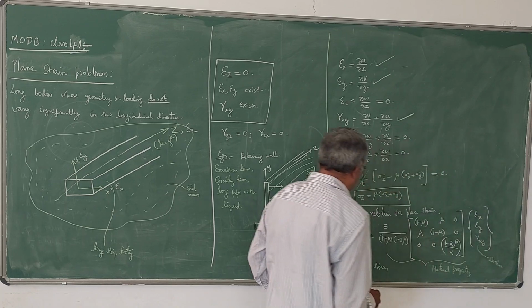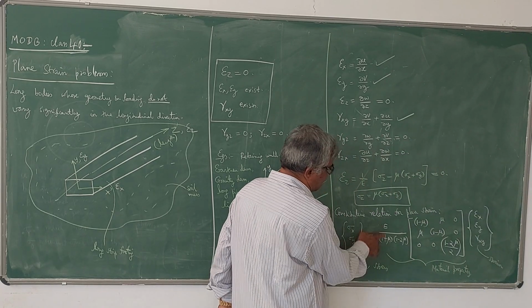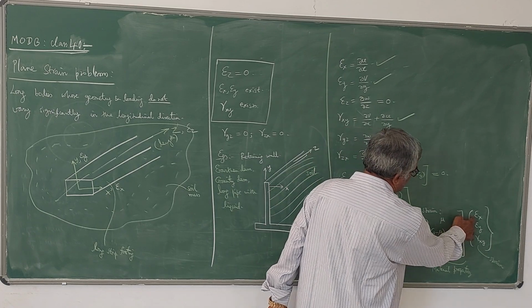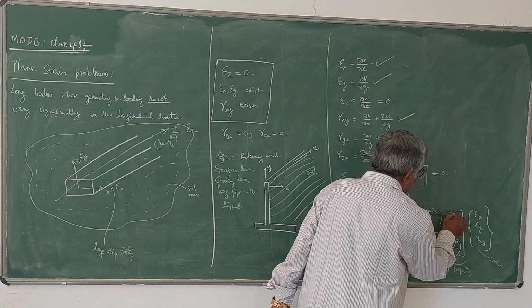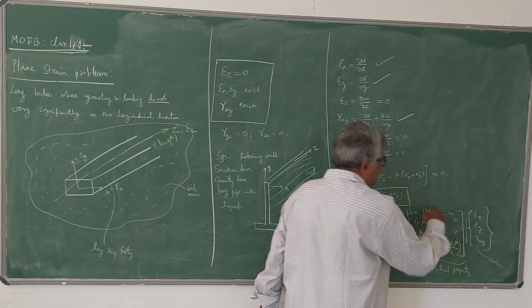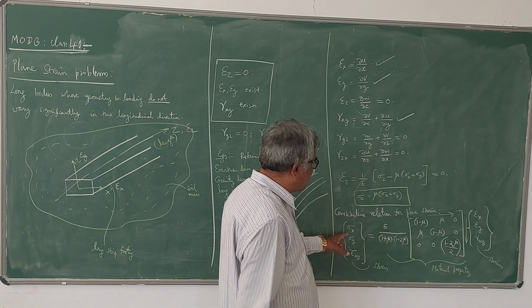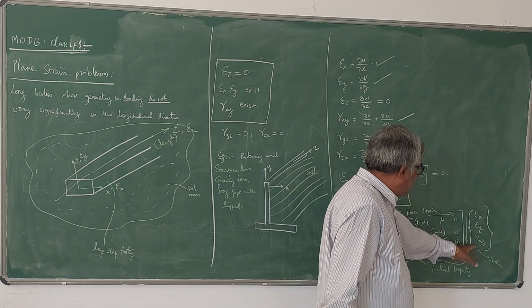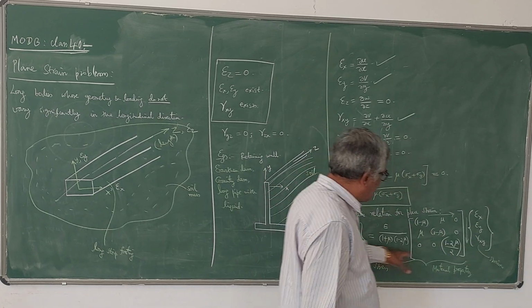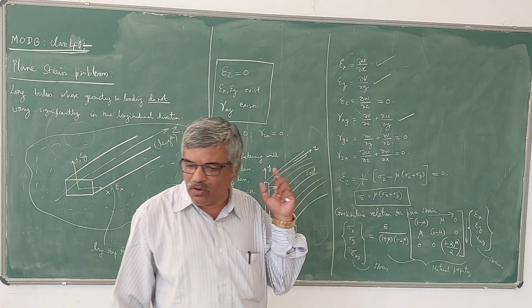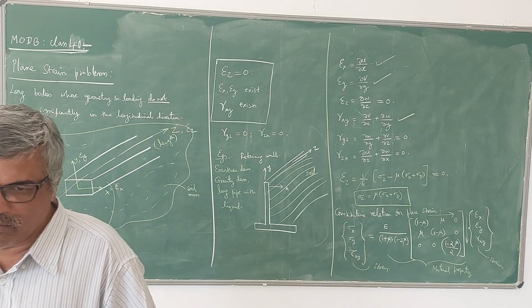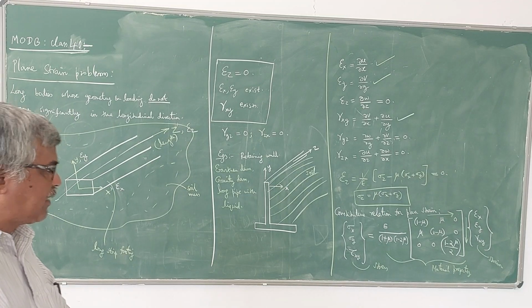So you will get sigma x is equal to this multiplied by 1 minus mu into epsilon x plus mu into epsilon y, like that. So you have to multiply this matrix with this matrix. First row gives sigma x, second row if you multiply you will get sigma y, third row if you multiply you will get tau xy. So this is how the plane strain problem equations are developed.